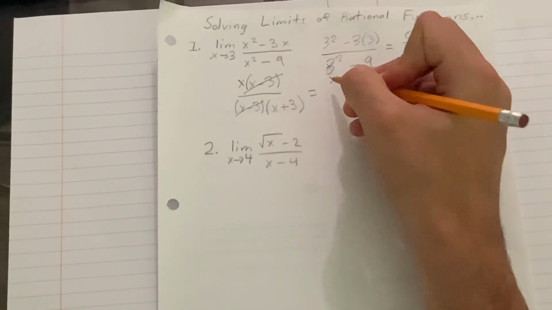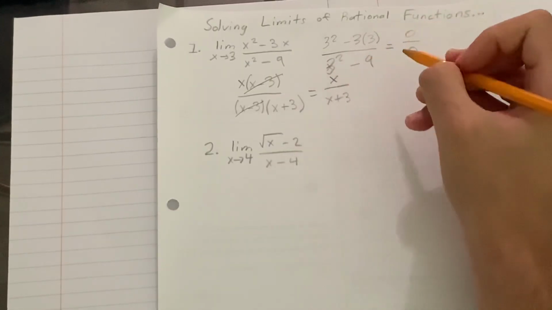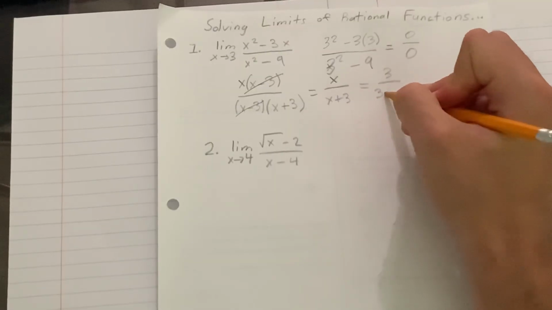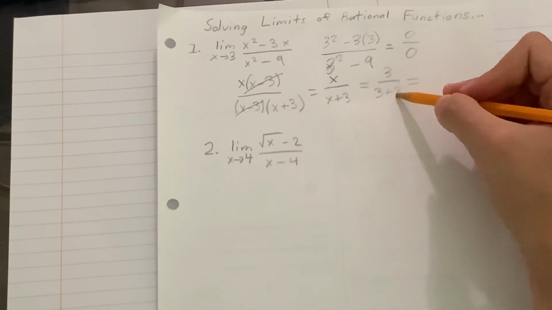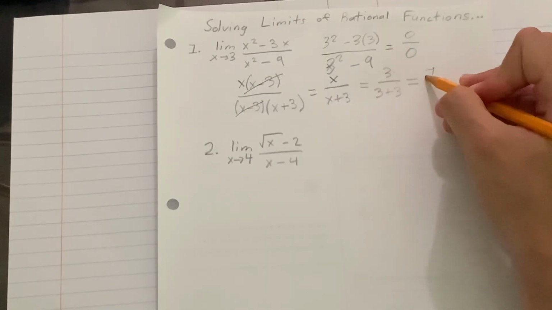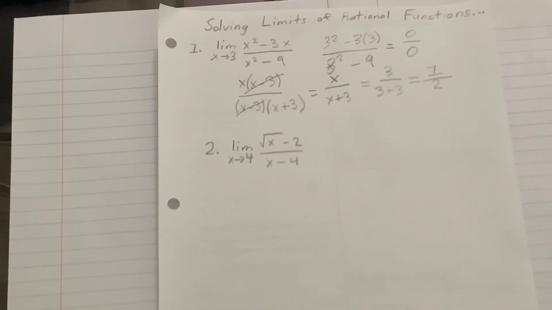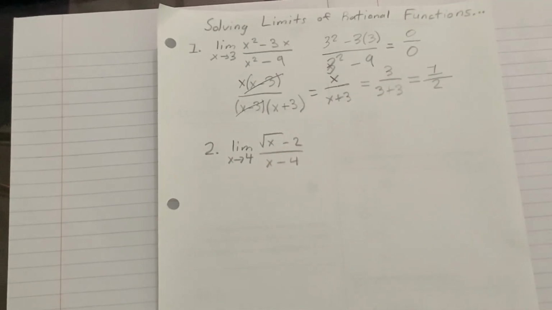So it equals x over x plus 3. Then we can substitute this to 3 over 3 plus 3. So 3 over 6, 1/2. So the limit is 0.5.